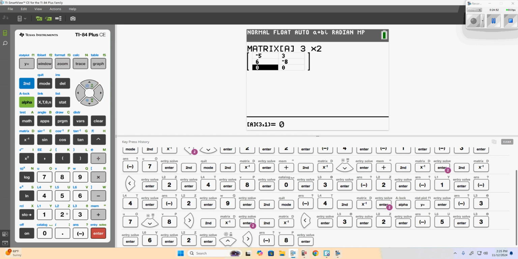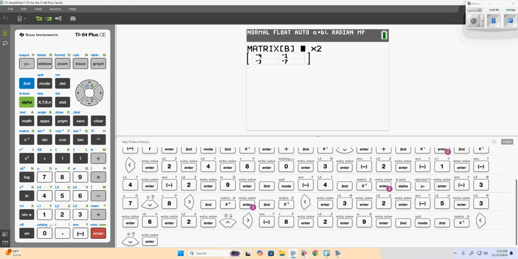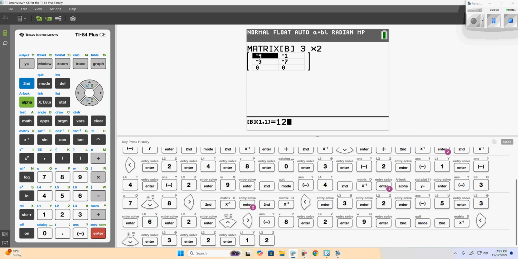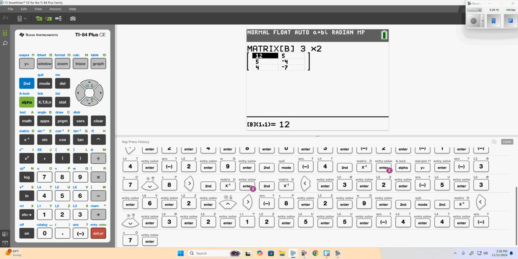That 2 should be negative 8, 2, 9. Second matrix, we'll go to B, which is also a 3 by 2. 12, 5, 5, -4, 4, -7.